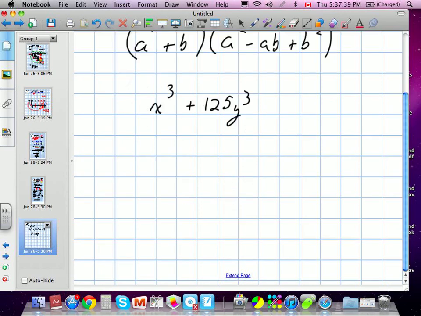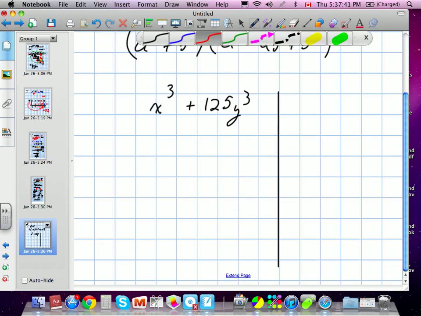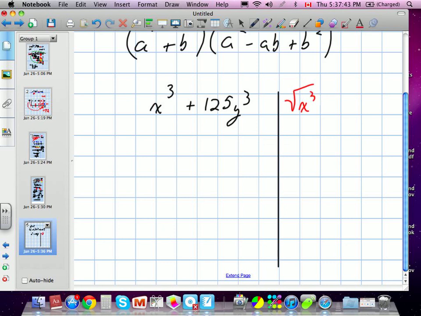The cubed root of x cubed is, do you know what that is? It's just x. X times itself. You cross it out. Yeah, exactly. Now this one's a little different. 125y cubed. Cubed root of this. What's the cubed root of 125?